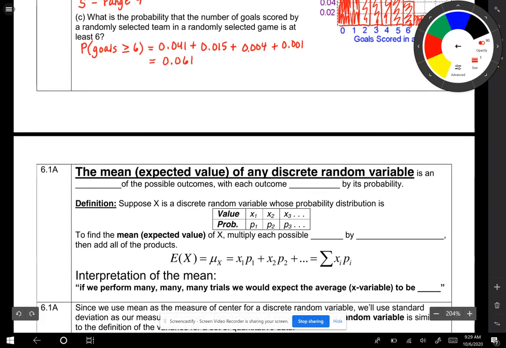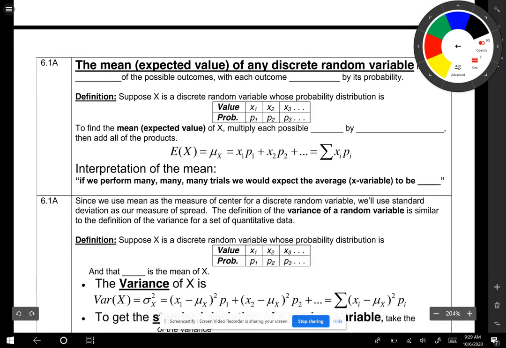So that might have seemed pretty easy, but it does get a little bit more difficult when we're talking about random variables. This is just the intro. Case in point, the back page. The mean, because I didn't mention when we describe the distribution that we can figure out the mean and standard deviation as well, and there's a formula.